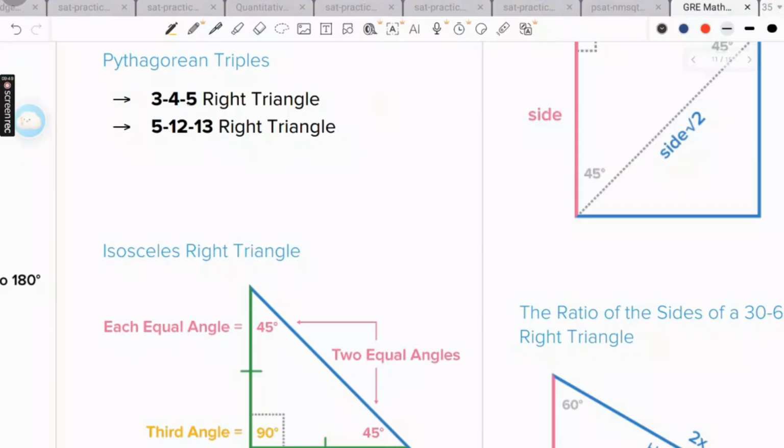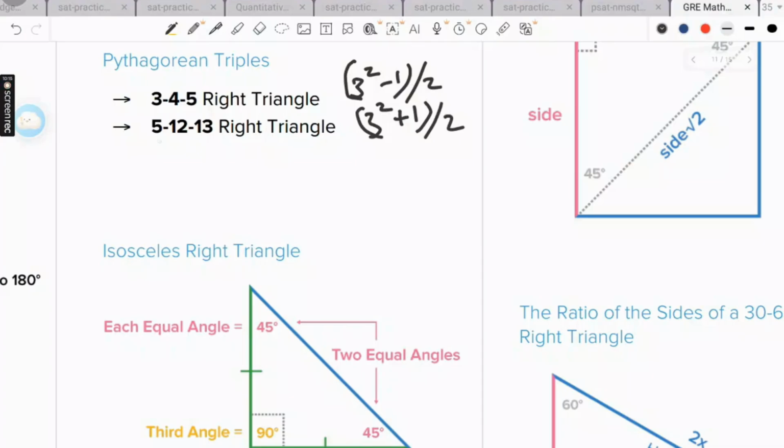How do we come up with 3, 4, 5? Take 3 squared, 9, minus 1, that is 8, divided by 2, that is 4. Take 3 squared again, add 1 to it, divided by 2, it will give you 5.